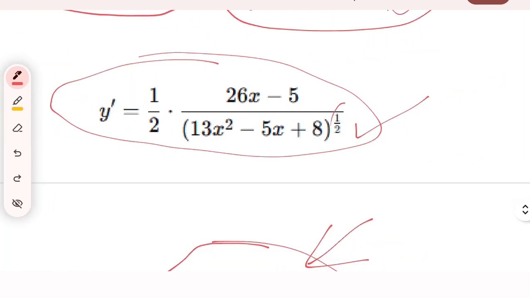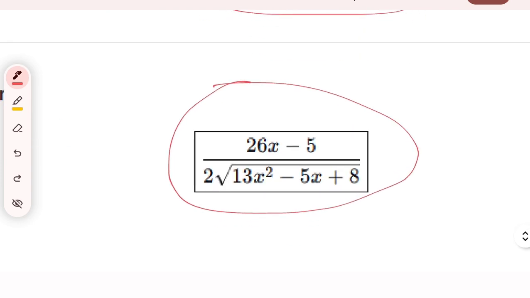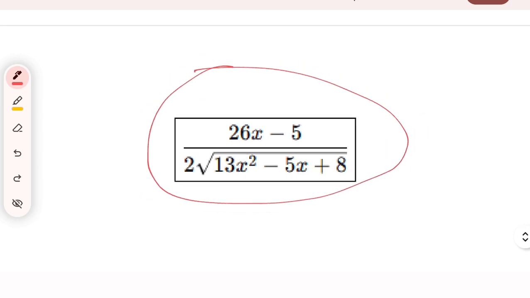See? That one you can translate it into a square root too. You can put it into a square root. So the final answer would be there's no power, but instead we use the square root. So this will be your final answer of the chain rule.